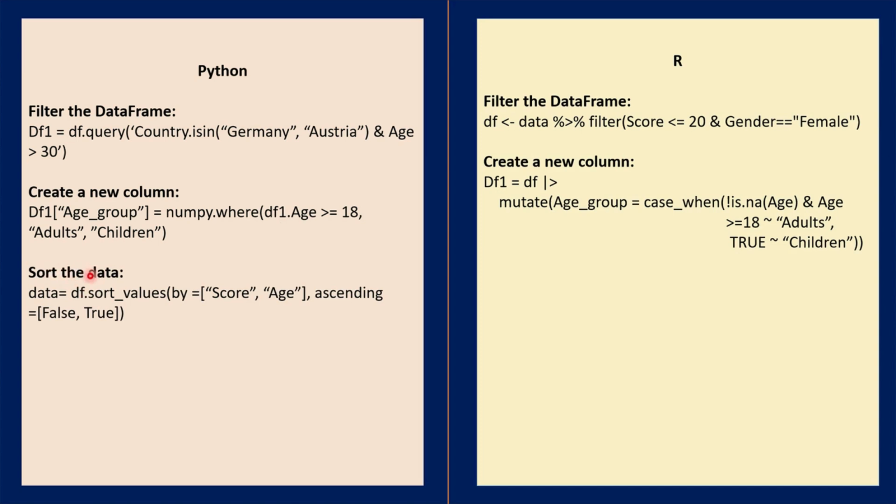So how can we simply sort your data? Use your sort_values method, and based on how many columns you would like to sort. So now I want to sort with score and age. And suppose, depending on the requirement, you want to sort the score as descending and age as ascending.